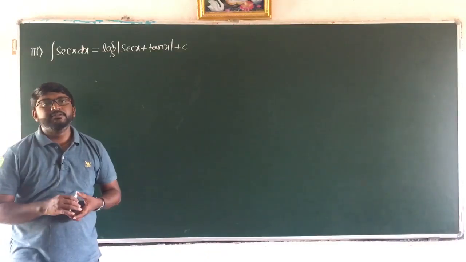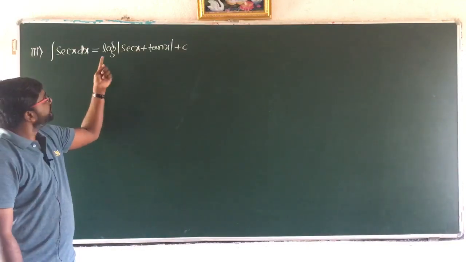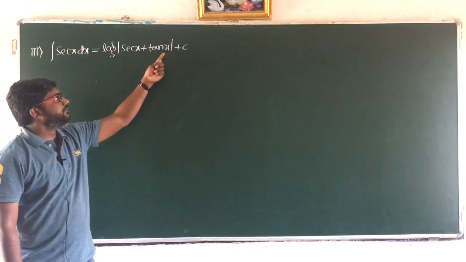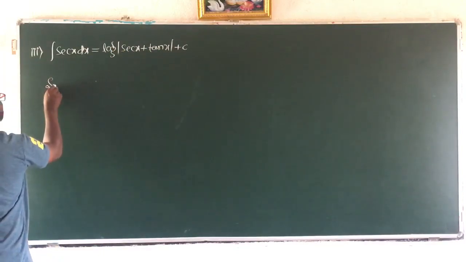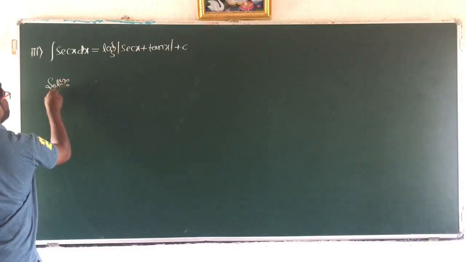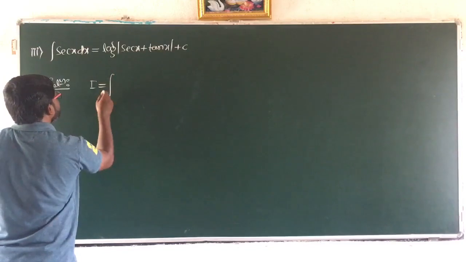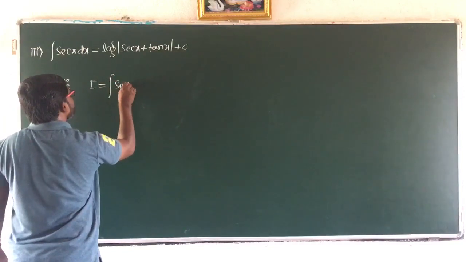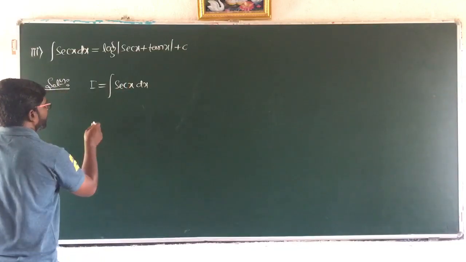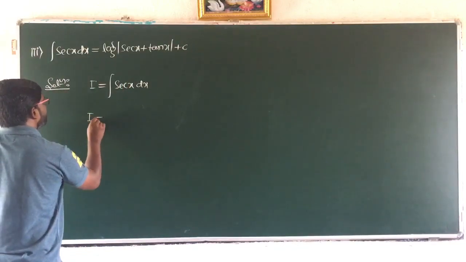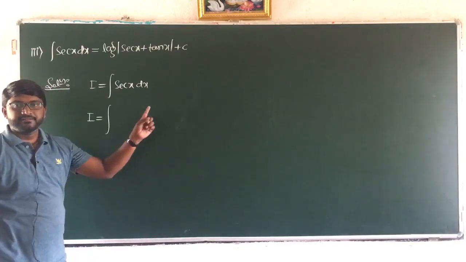The third standard integral is integral secant x dx, which is equal to log mod secant x plus tan x plus c. Let us prove this by substitution method. So I is equal to integral secant x dx. Now in the next step, I multiply and divide by secant x plus tan x.